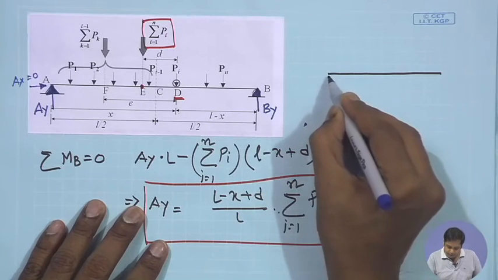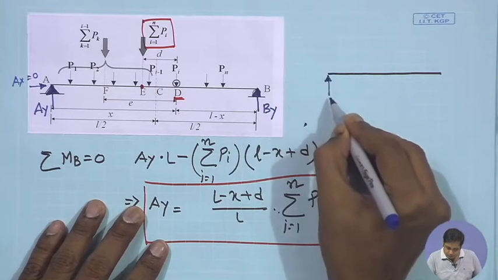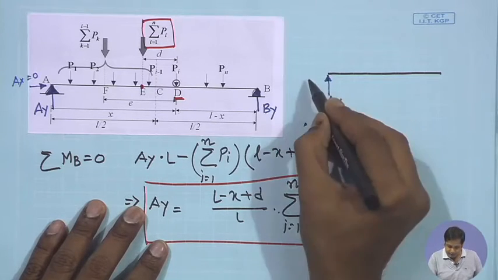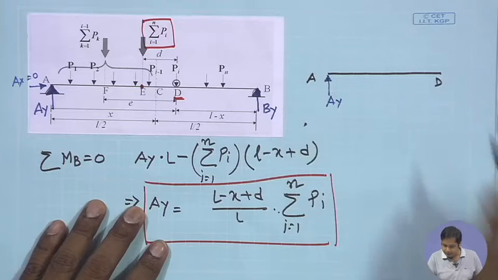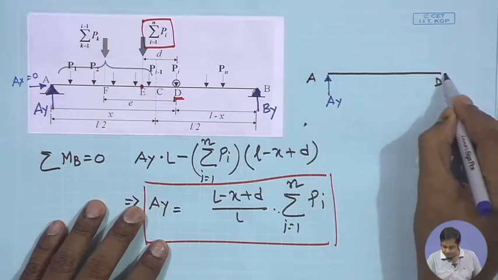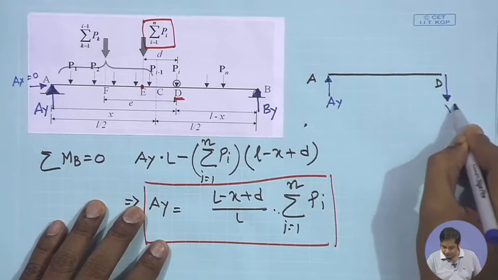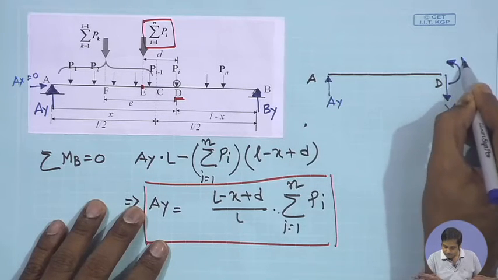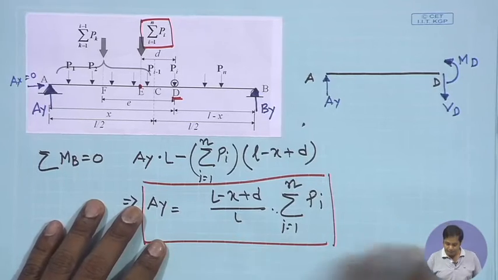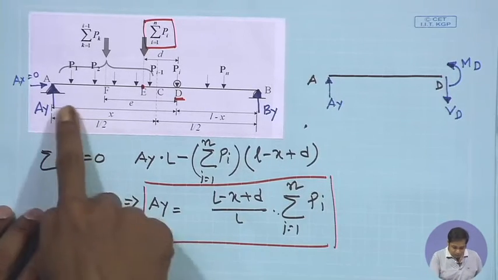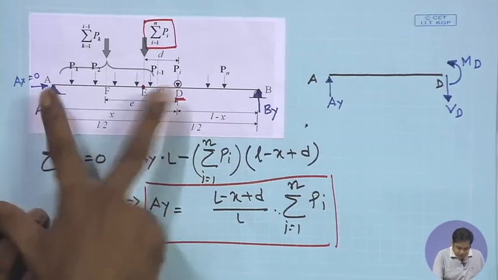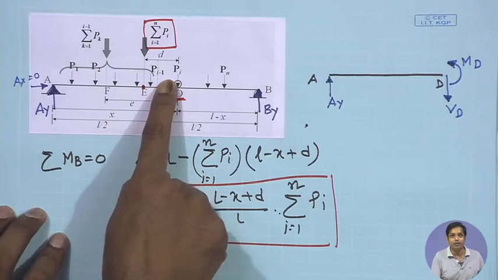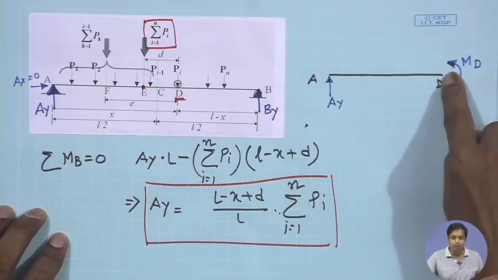At A we have Ay, this is A and this is D. At D we have shear force Vd and then moment Md, and then between A and D we have all the concentrated forces P1 to Pi minus 1. Okay. Now, we want to take moment about D.